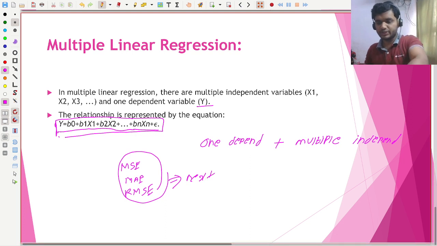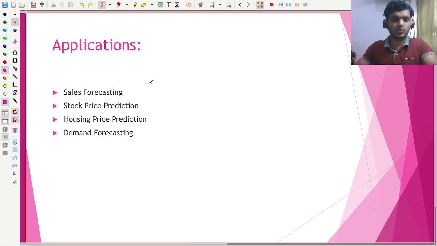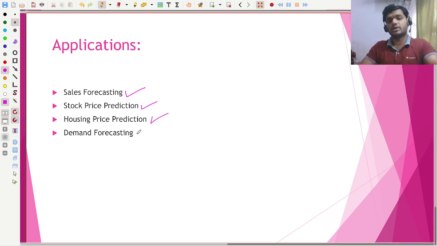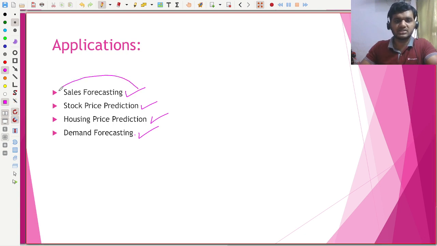In today's class, we'll discuss some applications of linear regression such as sales forecasting, stock price prediction, house price prediction, and demand forecasting. These are the four common applications of linear regression.